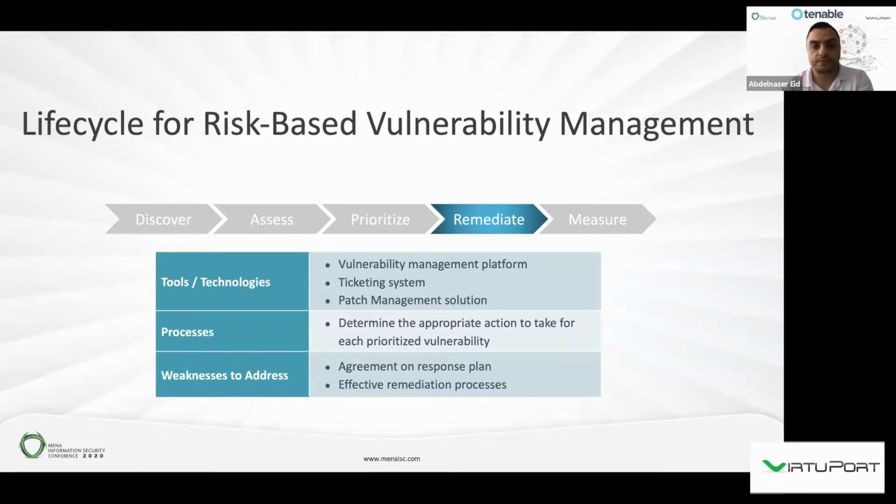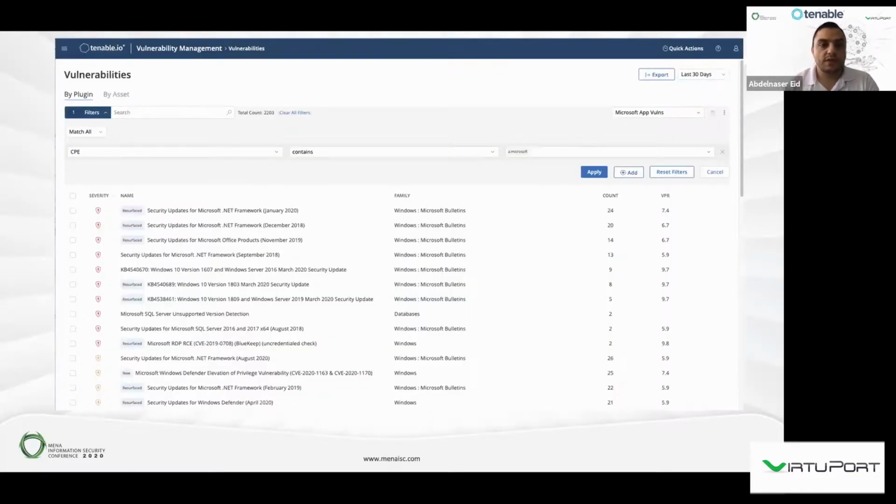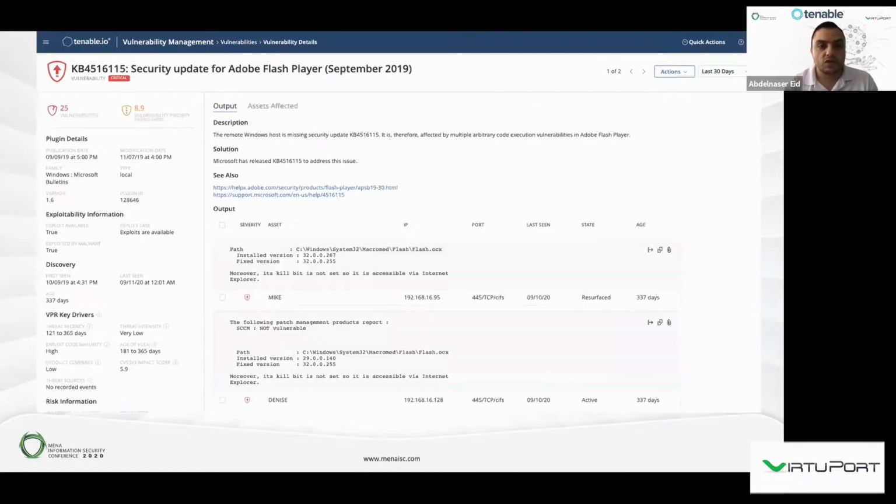As we can see from this output, we might have a lot of findings or vulnerabilities for certain asset or certain environment. So what we need is to have a clear action plan and clear solution per vulnerability.